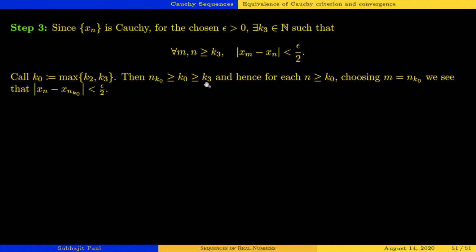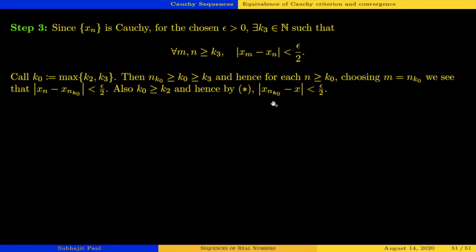Nk naught is definitely greater than or equal to K3, so that works, and n is anything greater than or equal to k naught. So for n greater than or equal to k naught and m equal to nk naught, the distance between xn and xnk naught is less than epsilon by 2. Also, k naught is greater than or equal to K2.